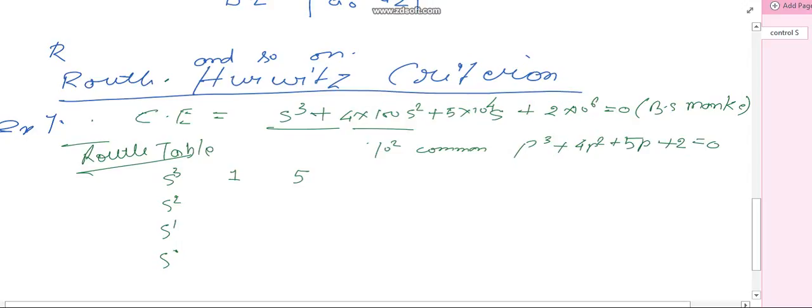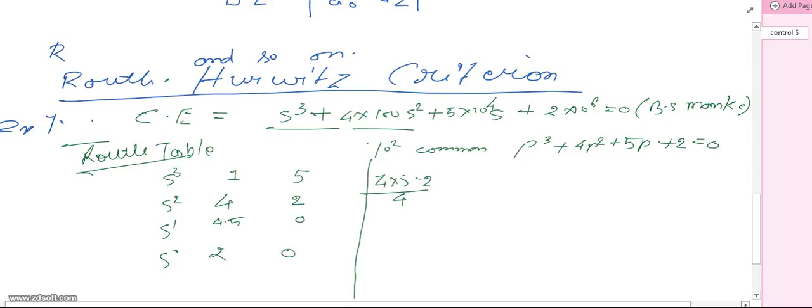Okay, so this is 1, 5, this is 4, this is 2. 4 into 5 is 20, 4 into 5 minus 2 divided by 4, we get 4.5, and here we get 0, 0, and this is 2.